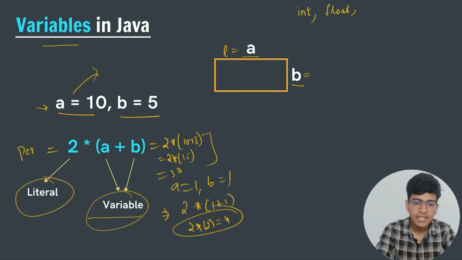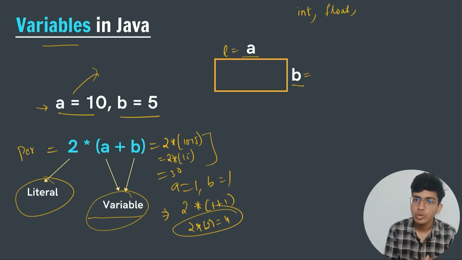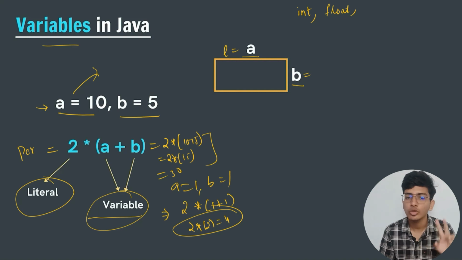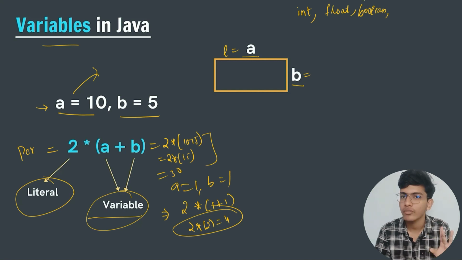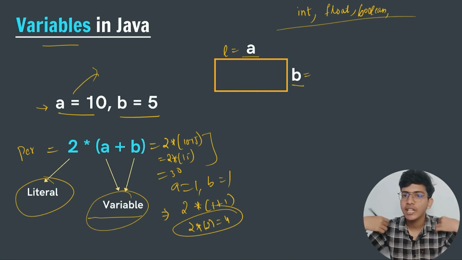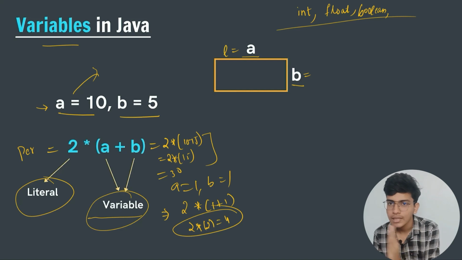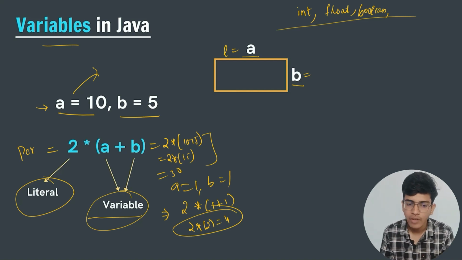So to store true or false values, we use a special data type, that is boolean, which stores only true or false. Similarly, there are various other data types we will be using. For now, to store integers, we'll use the int data type, which is nothing but integer.